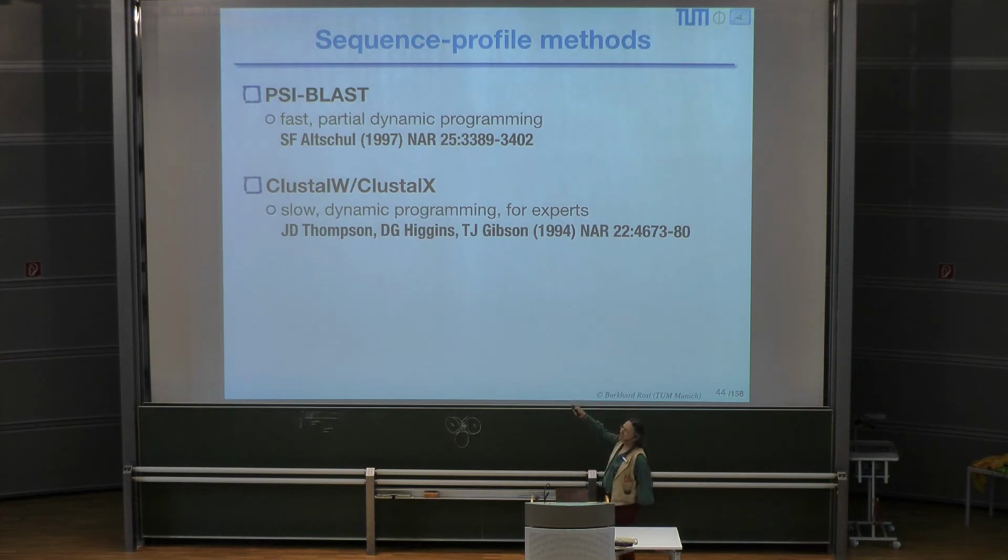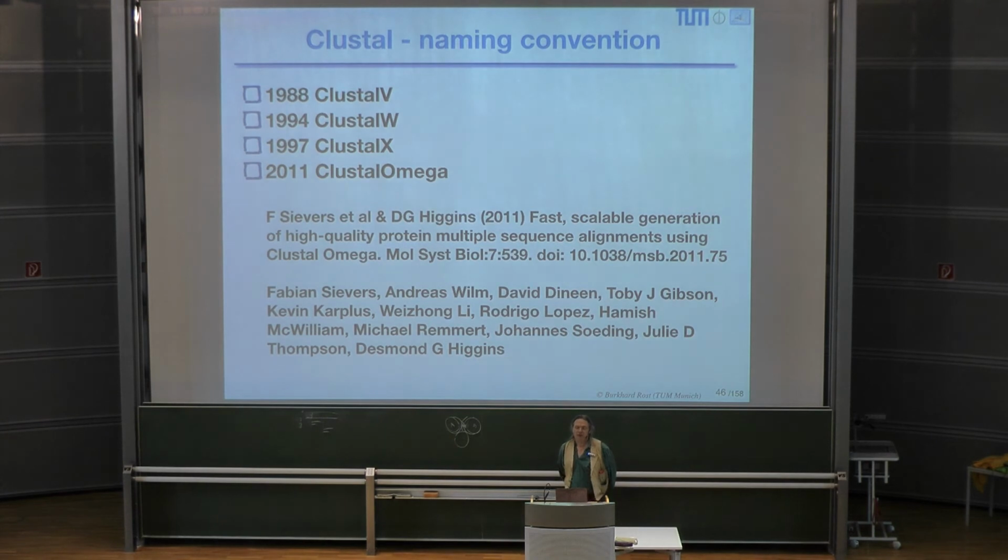PsiBlast starts with a sequence and finds alignments against the entire database. Clustal doesn't. What Clustal does is it starts with your PsiBlast run, and you go a little bit further, and its strength is to in fact align better whatever was found.